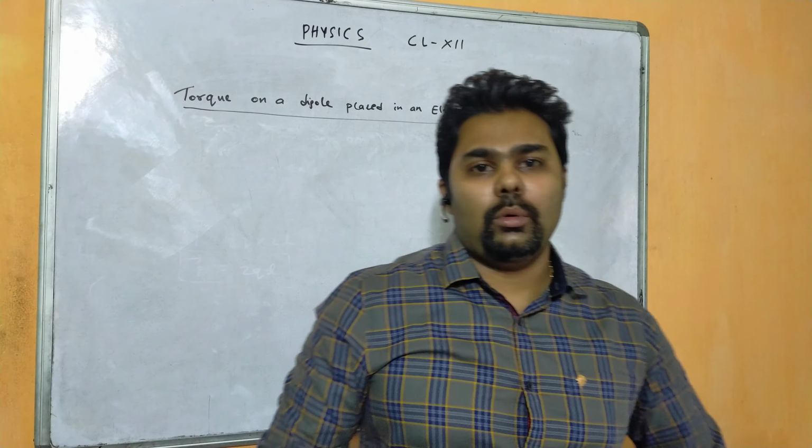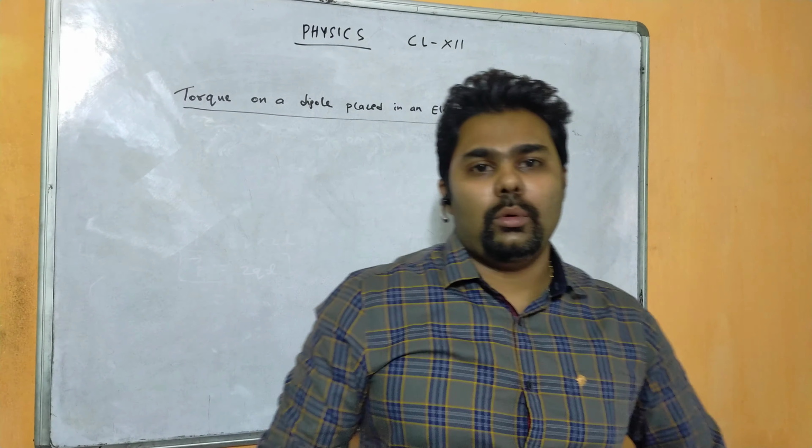So if you can calculate BP, if you cross multiply AB sin theta, and AB is our distance, that is 2L sin theta. If I consider this one as equation number 2 and this one as equation number 1, then tau will be QE into BP.